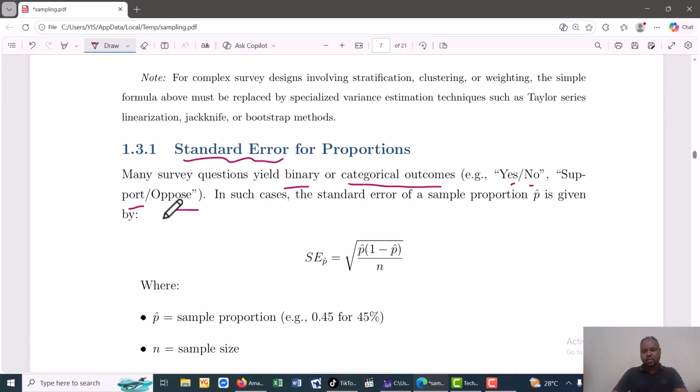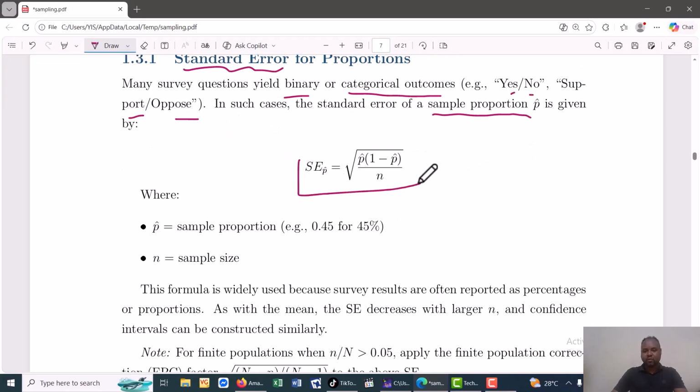In such cases, the standard error of the sample proportion p hat is given by this formula, which depends only on p hat and n.